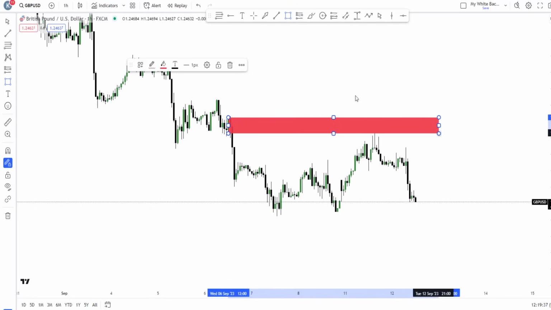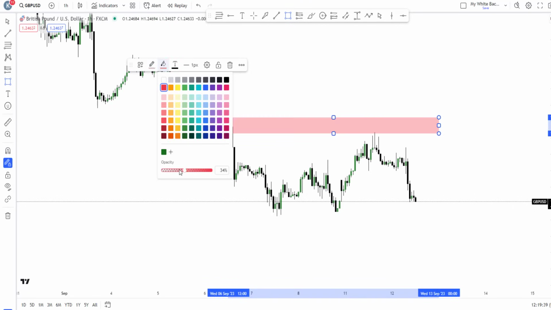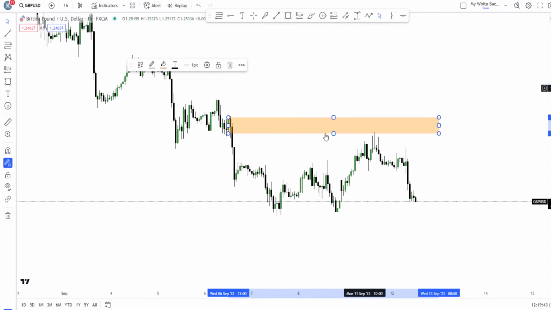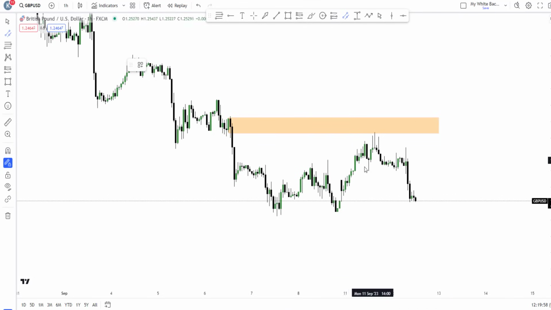Please, you have to understand how ICT works. You have to be very flexible and understand how this concept works in general. Price is about to close this gap. If price is about to close this liquidity void, it means after closing, we will focus on closing this gap too.